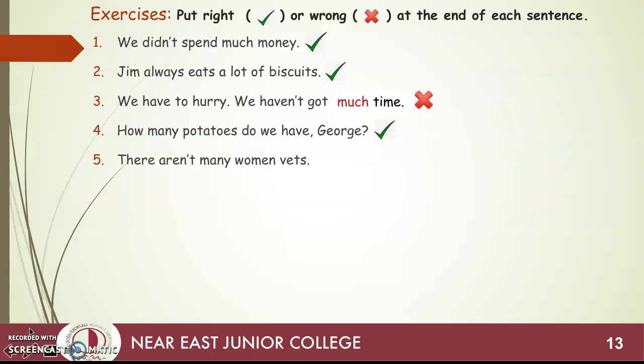5. There aren't many women vets. Correct. This is a negative sentence and we can count women. 6. Ellen has much oranges.